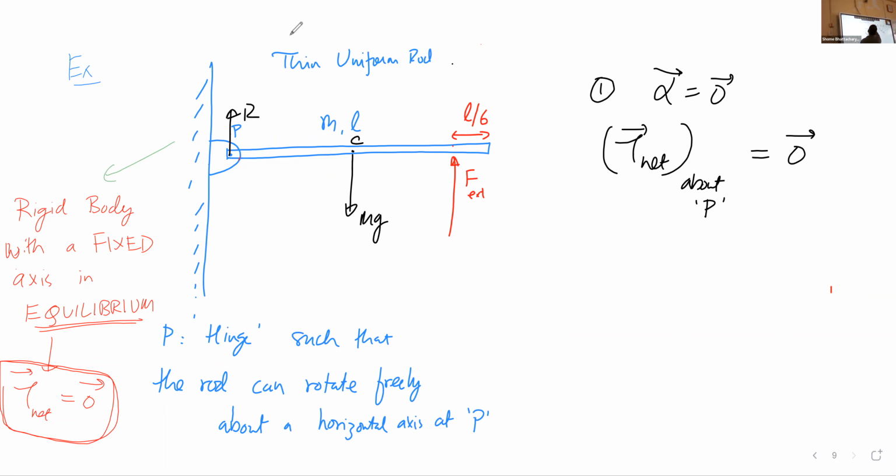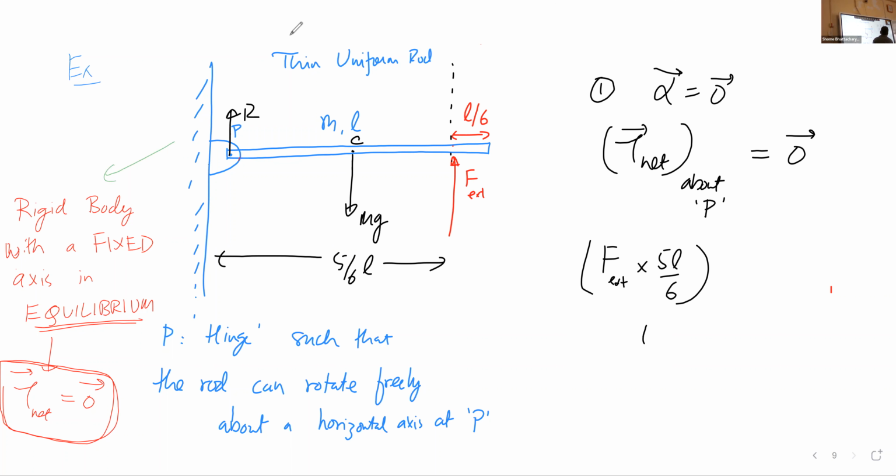What is this force's line of action? It is 5/6 L. So F is creating, what type of torque? Anti-clockwise torque. And mg, its moment arm is how much? L/2.